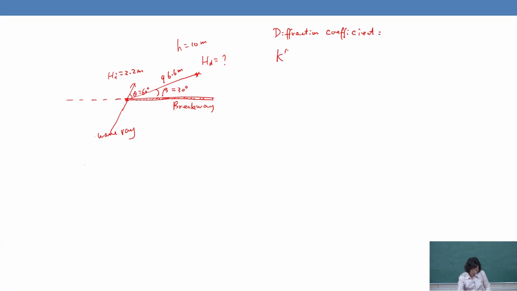So K_D, which is H_D over H_I. So we are using the diagram.